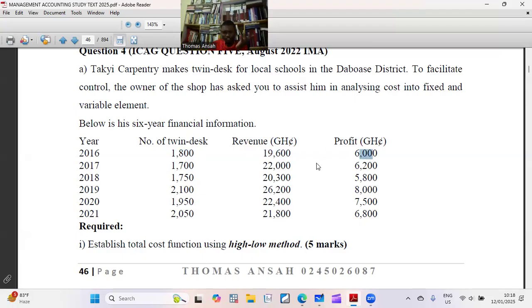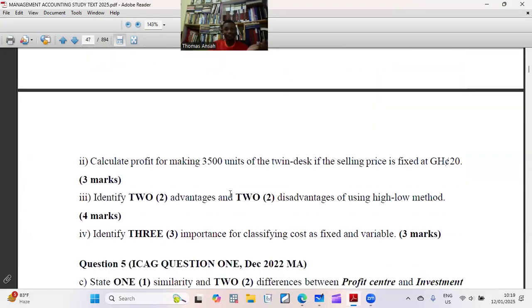How do you get profit? Is it not revenue minus cost? So get the cost column done. Then pick the thing to do the high-low method. All right. I've answered the question for you. When you finish, calculate the profit making of 3,000 units of this if the selling price is this. So if you can get the cost, you multiply it and you also have the selling price.